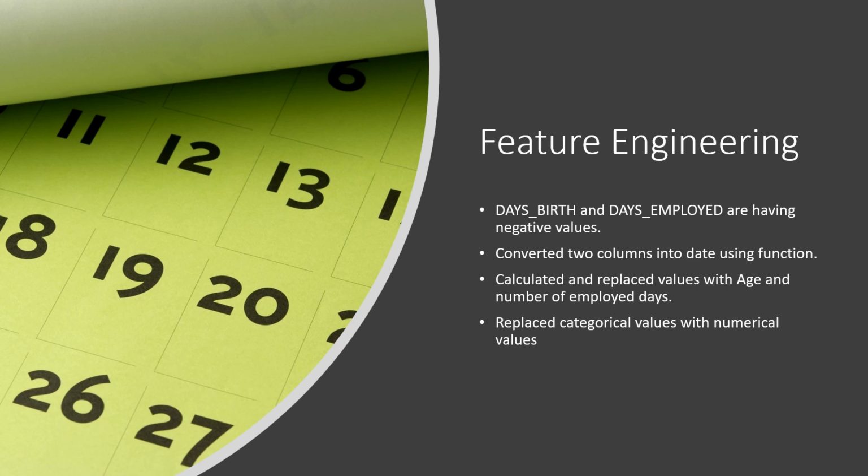In the same way, I have converted the values into dates, using different functions. I have calculated and replaced the values with age and number of employed days. And I also replaced the categorical values with numerical values.